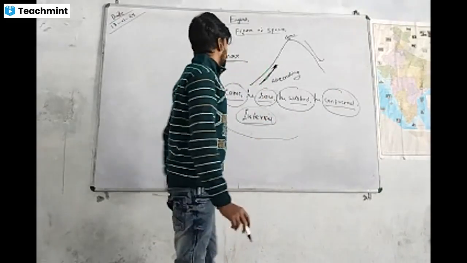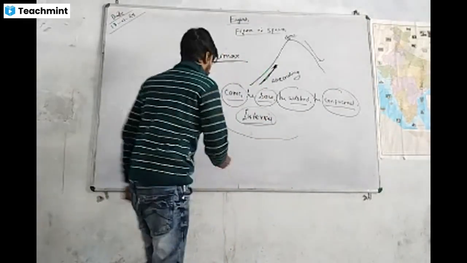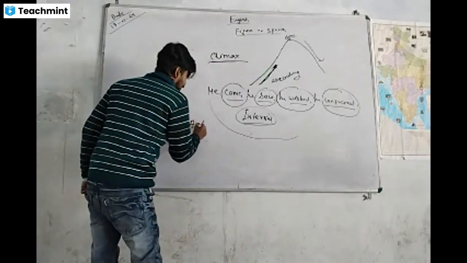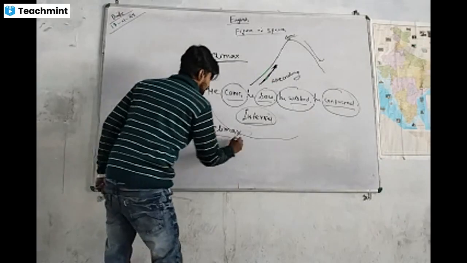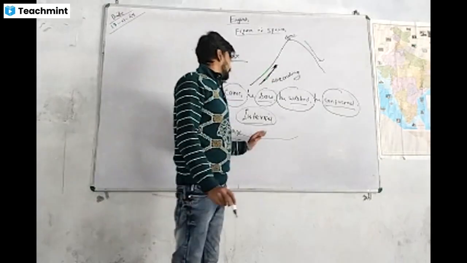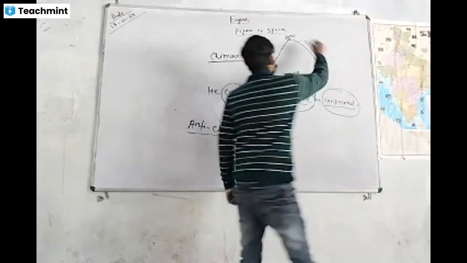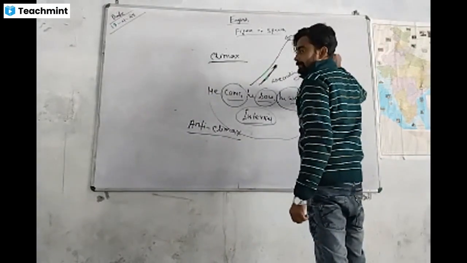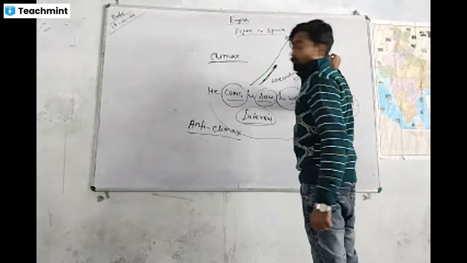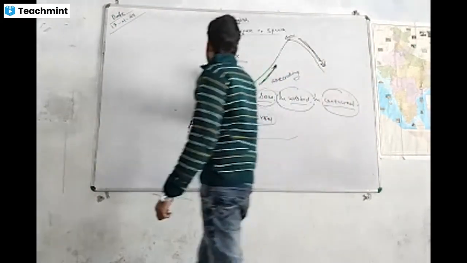Is it clear? Now we come to another one that is called anticlimax. If climax is there, then obviously anticlimax is also there. एंटी क्लाइमेक्स क्या होता है? When from the valuable word it is gradually decreasing to the lower value. Matlab from the high value.